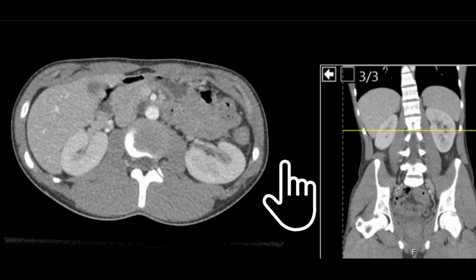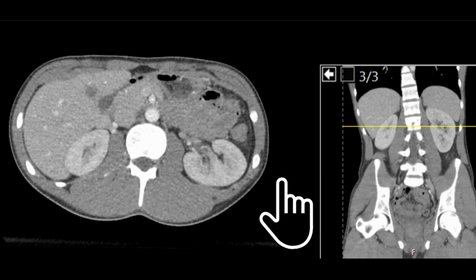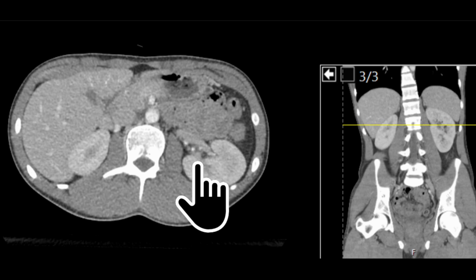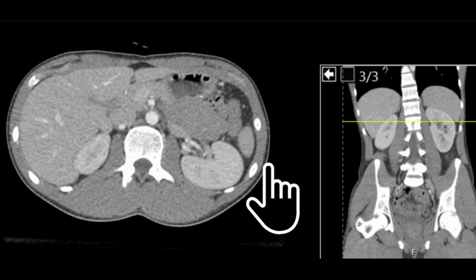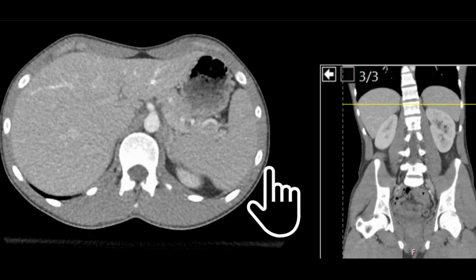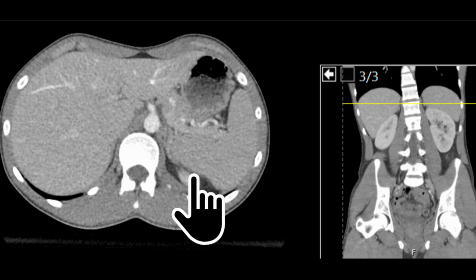Now, if we're really clever, on the superior pole of each kidney is the adrenal gland or suprarenal gland. So if we look at the left kidney, we can see we're at the hilum now because we've got blood vessels going in and out. If I scroll up, up, up, we're at the superior pole of the kidney.